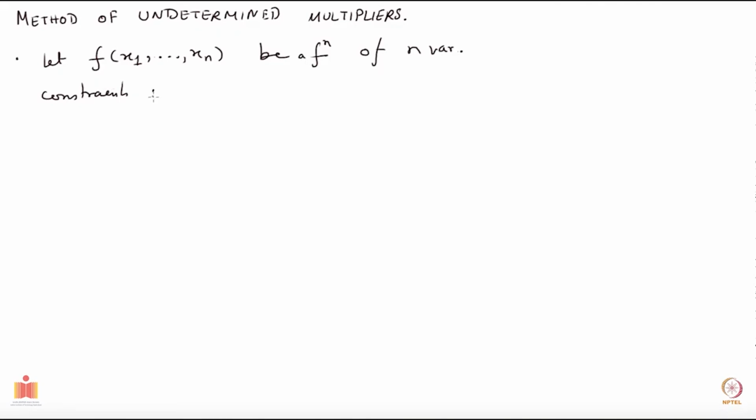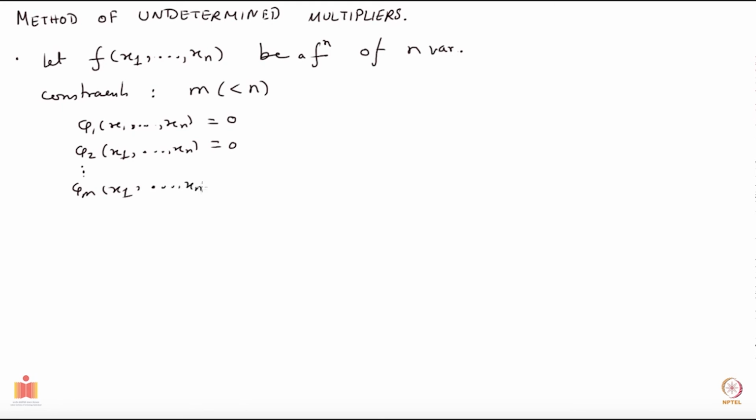You have in total, let's say, m constraints, and m has to be less than n. Let's denote them by phi 1 of x1 to xn being 0. Then you have some other constraint phi 2, which constrains all these variables, and you have phi m. Now we are asked to find the stationary point of f.